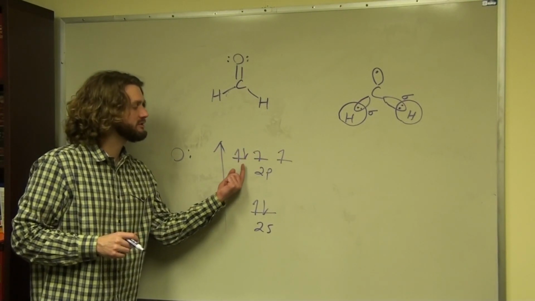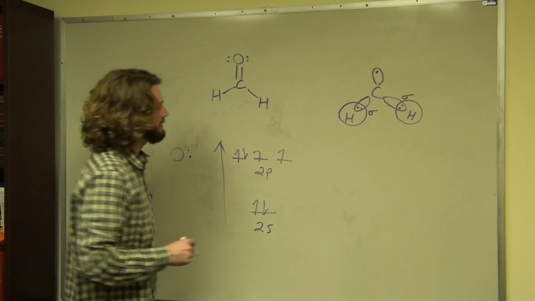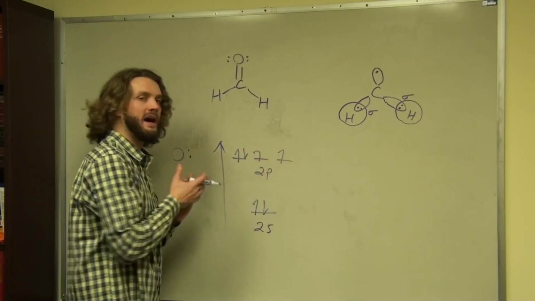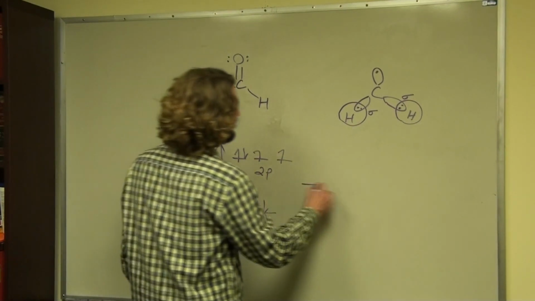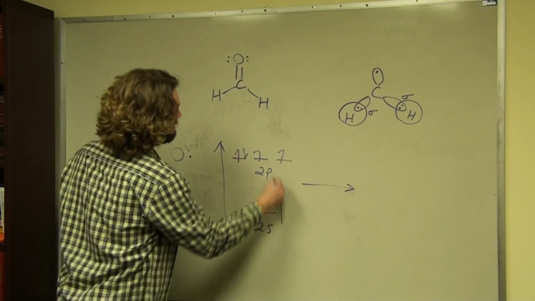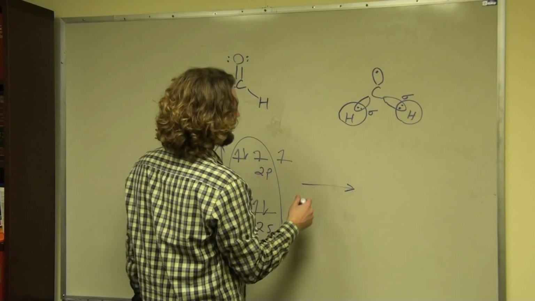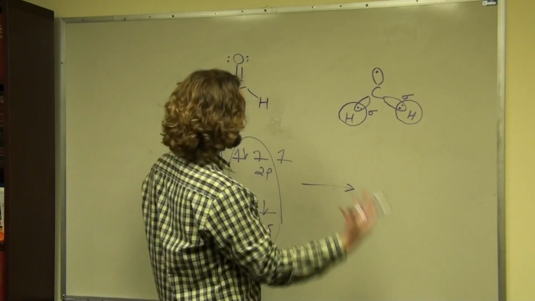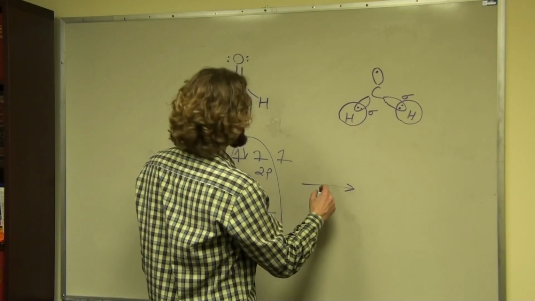So one of those 2p's is going to end up having a pair in it. Everything's occupied by electrons, so no need to worry about the promotion step as much here. If I count domains again, 3 domains, I'm going to mathematically mix 3 of these atomic contributors to get, again, new wave functions pointing in the right directions with equal energy. So that's going to be my sp2 hybrid.